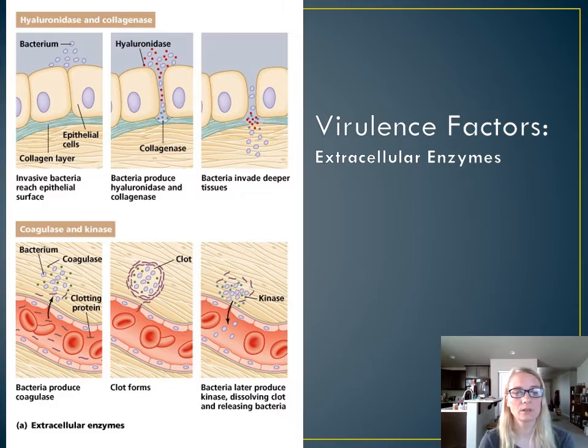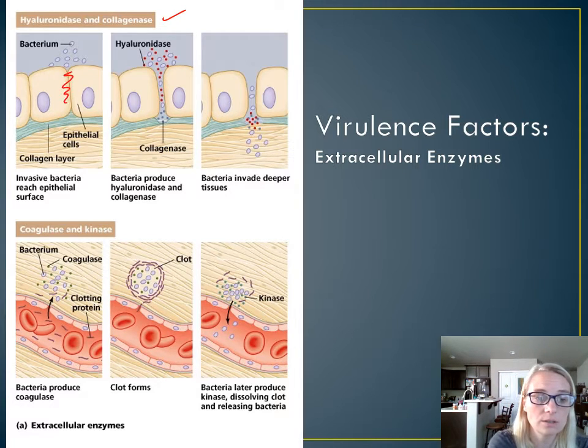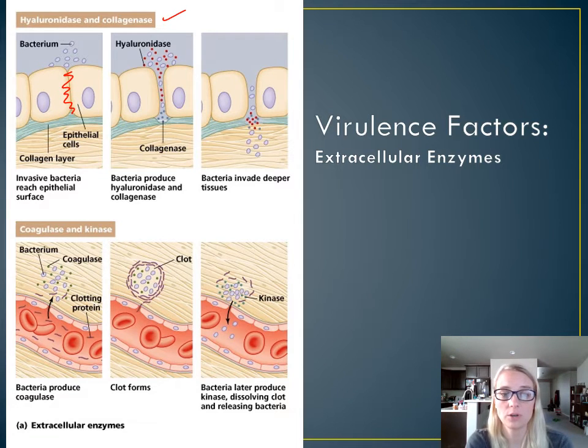So the first collection, these ones up here, we have hyaluronidase and collagenase. Hyaluronic acid is part of the intercellular connections. If you've taken A&P, you remember in epithelial tissue, we had intercellular cement and the gap junctions and tight junctions and all those types of things that held the tissues together. Hyaluronic acid was one of those. So if you have an enzyme called hyaluronidase, you could suspect that it's going to start destroying those intercellular connections.